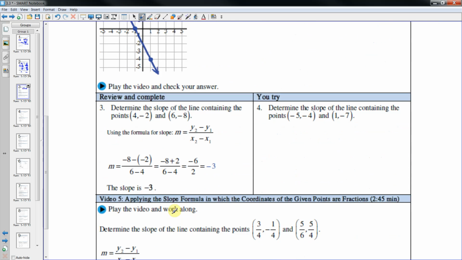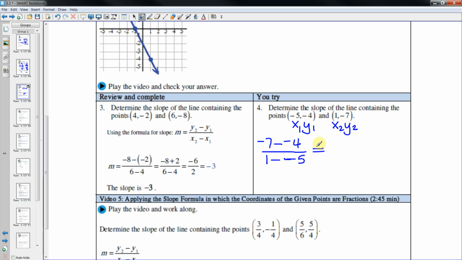Okay, we're just going to continue to work on these slopes. This time I don't have a picture, so x1, y1, x2, y2. We're just going to practice, practice, practice. Negative 7 minus a minus 4, and double negatives there. 1 minus a minus 5, double negatives again.